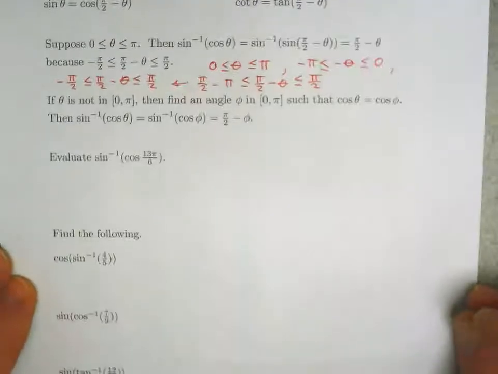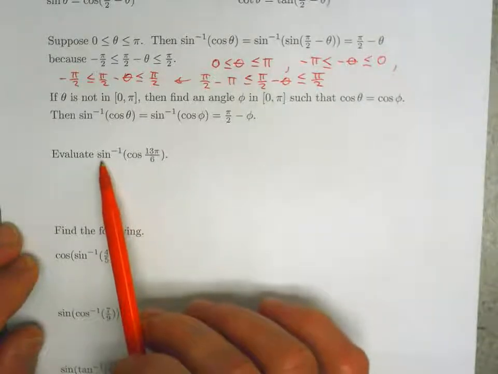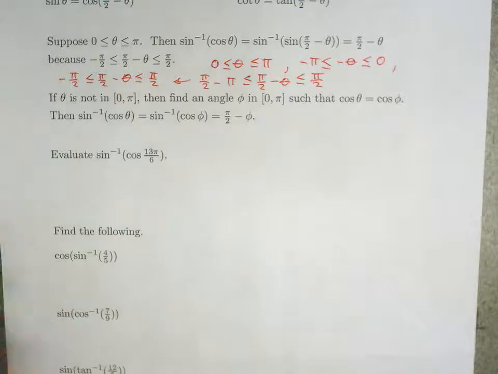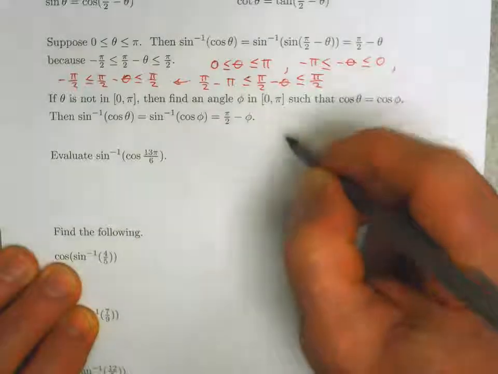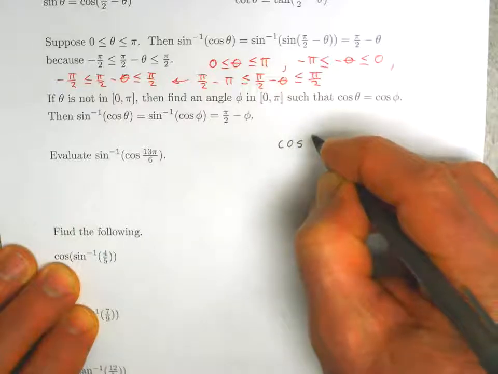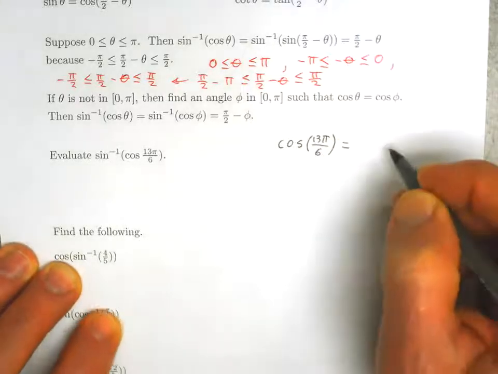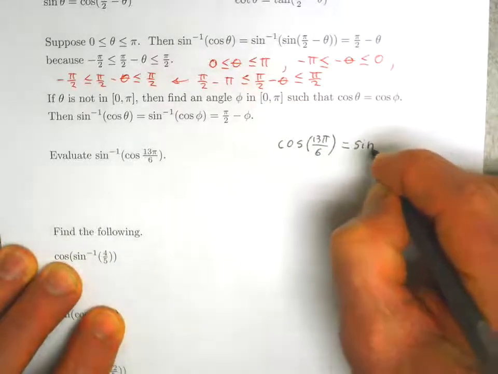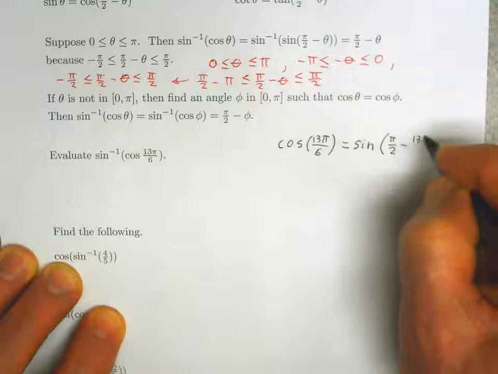Okay, here's an example. The inverse sine of cosine of 13 pi over 6. Well, using the cofunction identity, cosine of 13 pi over 6 is equal to sine of pi over 2 minus 13 pi over 6.